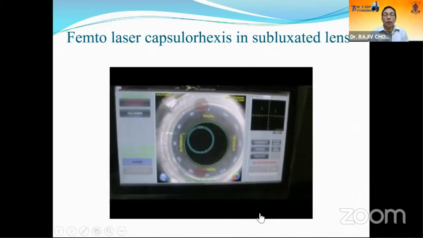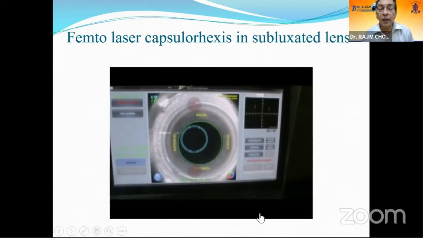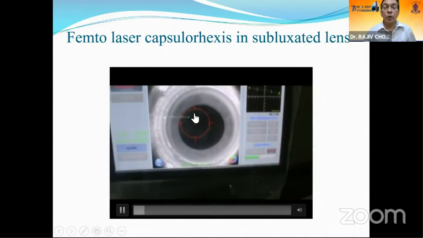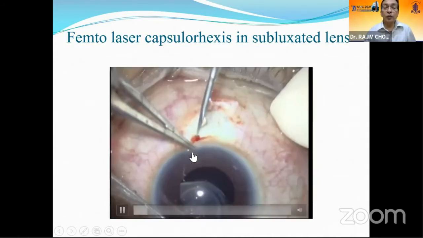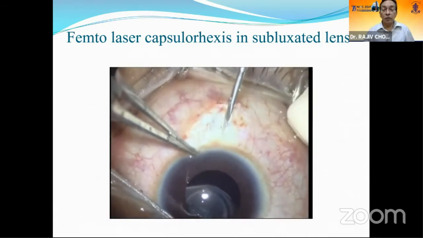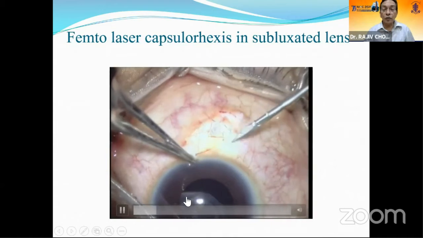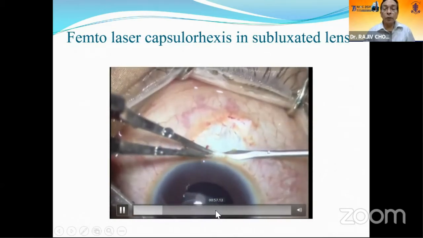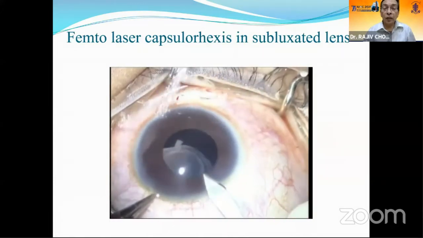One of the most important points is the subluxated cataract, where it is very difficult. You can see it is planned on the anterior capsule and the center of the nucleus. It was a very subluxated cataract, and you can see a soft cataract with a round rhexis, which is impossible to do manually.